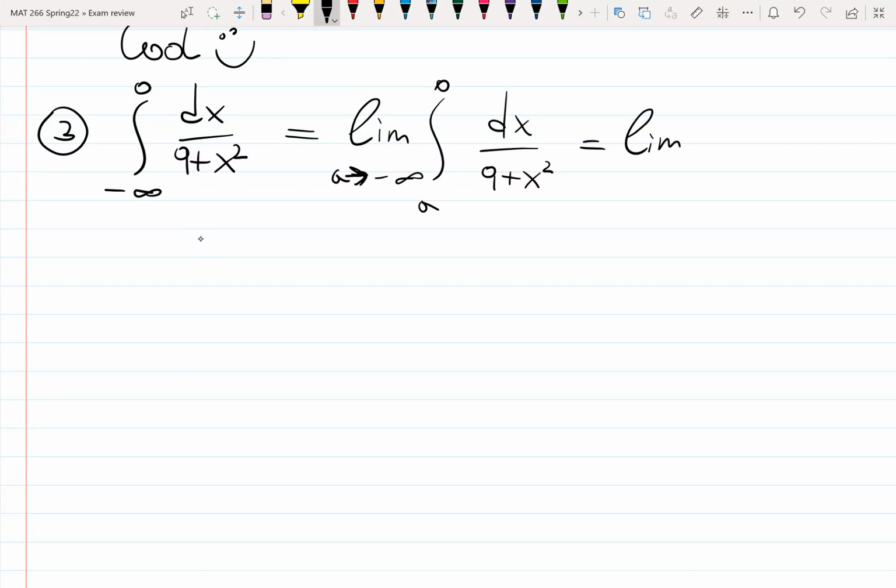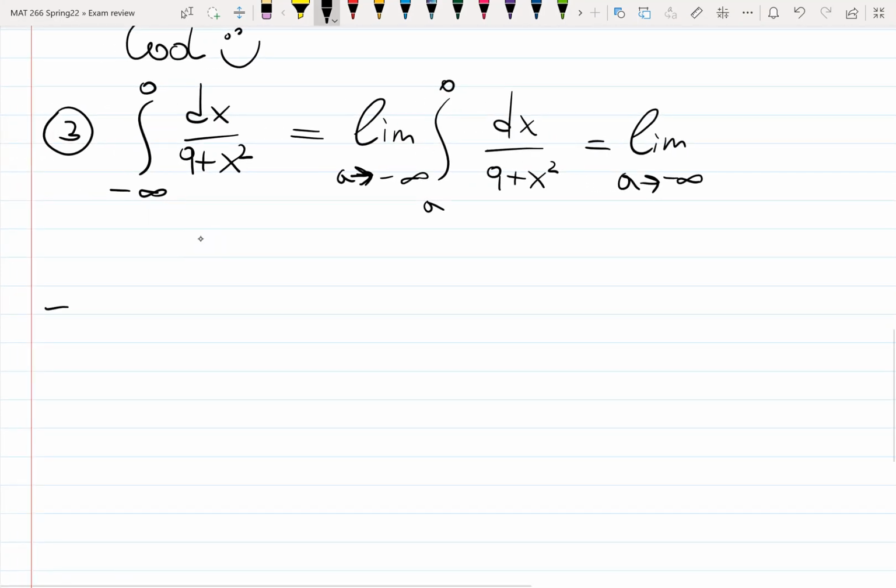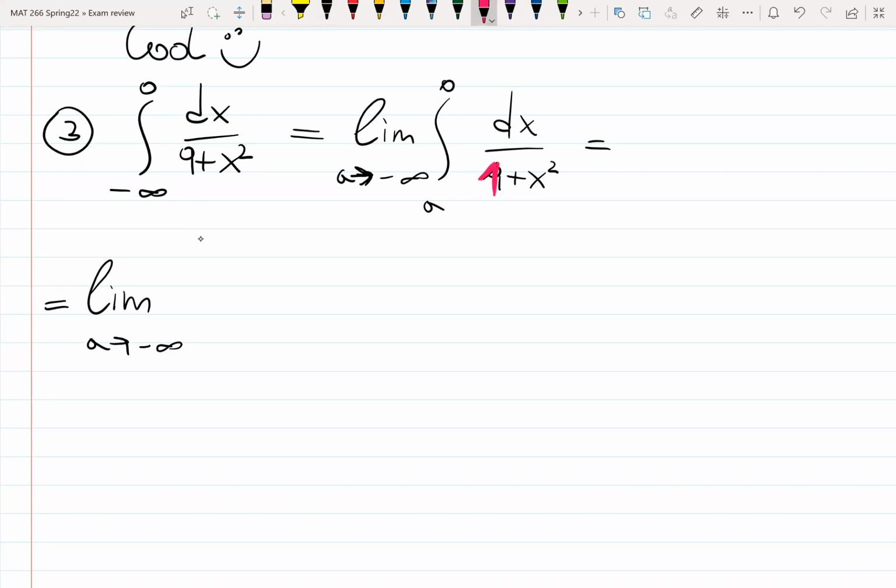So what kind of arctangent did we learn in the previous exam? And you write down, this one isn't going to fit. Limit a goes to minus infinity, arctangent. And then you have to figure out the arctangent works when this number is 1, but it is 9. So to figure it out, you factor out 9 and put it inside as 3 squared, blah, blah, blah.